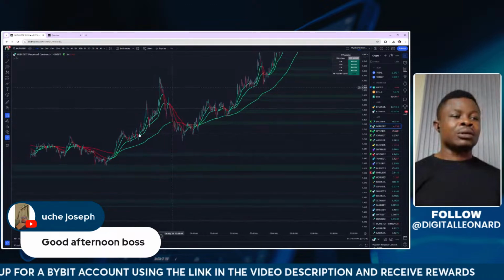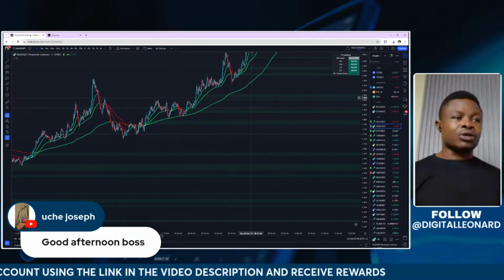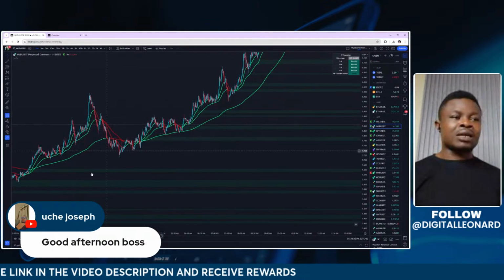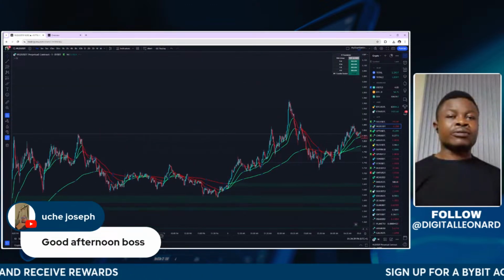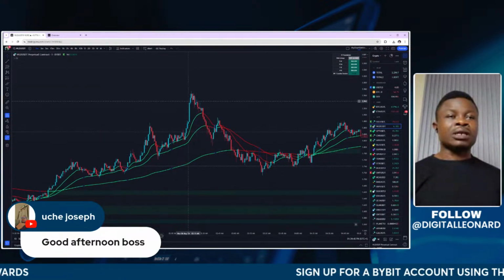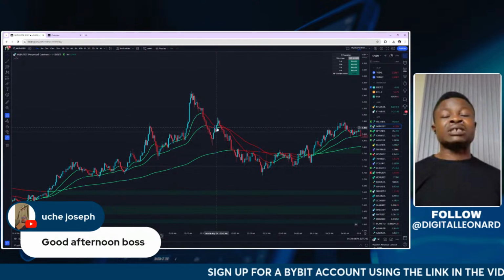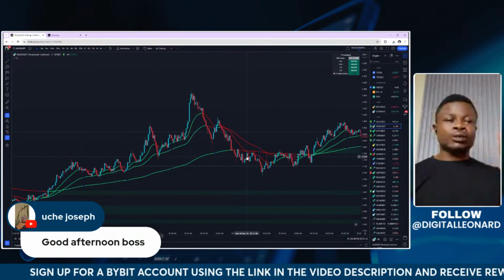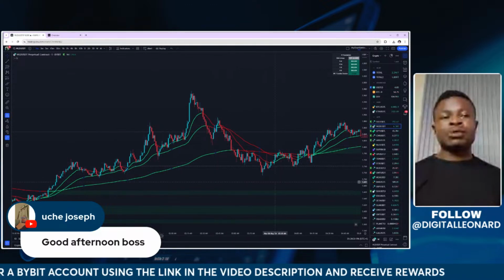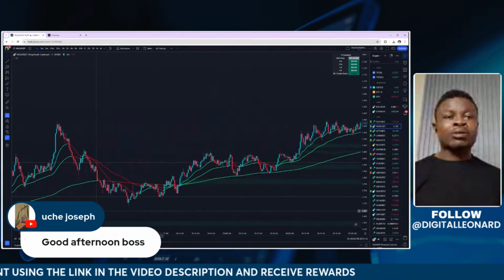Basically what I'm looking for is crossovers between these EMAs. Whenever you see these crossovers happen, if the 20 crosses below the 50, and the 50 and 20 cross below the 200, you see them turn red.